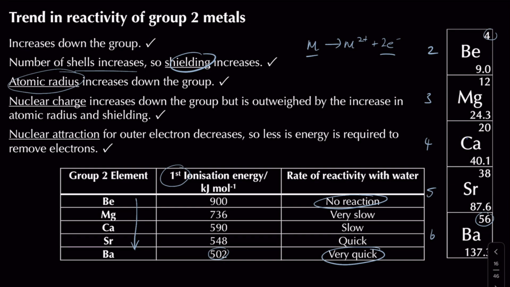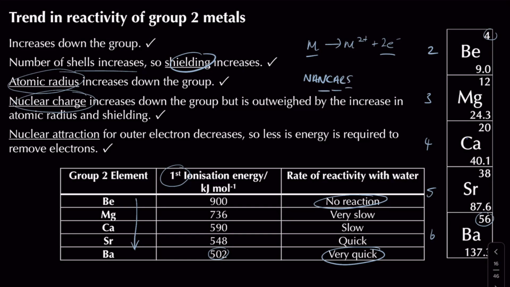But because shielding is increasing and atomic radius is increasing, we know those 2 factors outweigh the increase in nuclear charge, but we still have to mention it to the examiner, just like we did with our ionization energy trends. So yeah, that's nuclear charge done. Again, we're just following the points of NANCARs where we're talking about this in terms of shielding, atomic radius, nuclear charge.